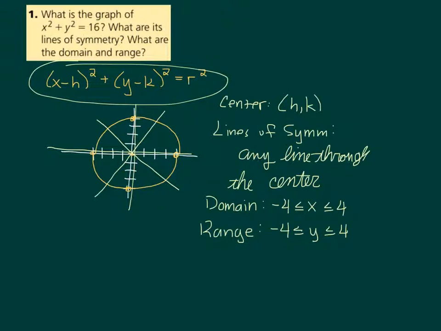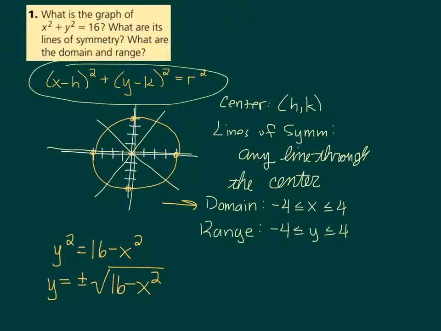You could also solve for y, which would help us with domain, for example. You would get y squared is 16 minus x squared. So y is plus or minus the square root of 16 minus x squared. And you could get your domain analytically this way, analytically just meaning not looking at the graph, but looking at the equation.